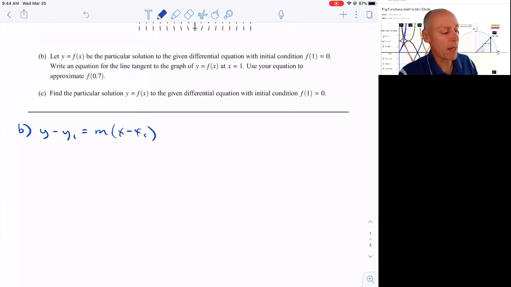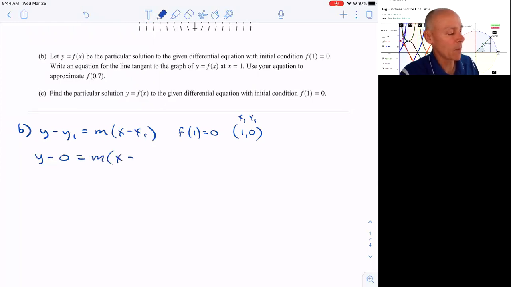And then I'm going to drop in my point of tangency, which is given by my initial condition, f(1) equals 0. That means it passes through the point (1, 0). So 1 is going to be my x1, 0 is going to be my y1. So I have y minus 0 equals m times (x minus 1).